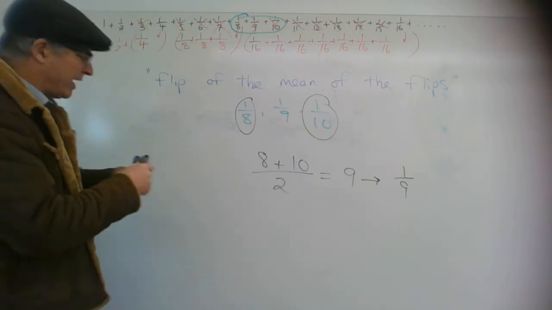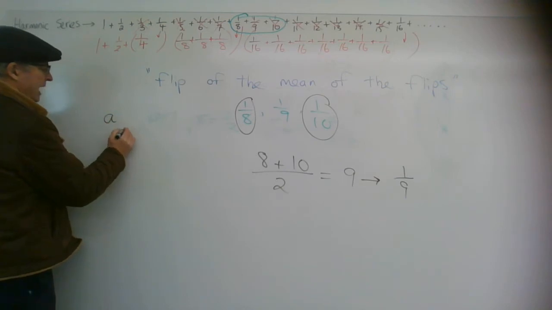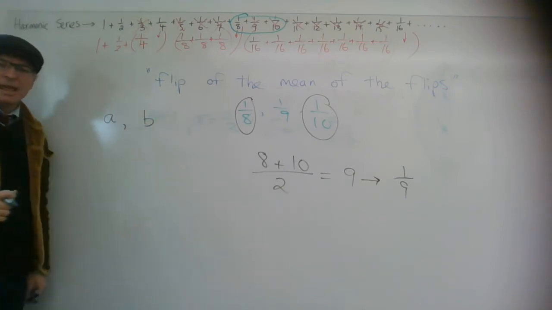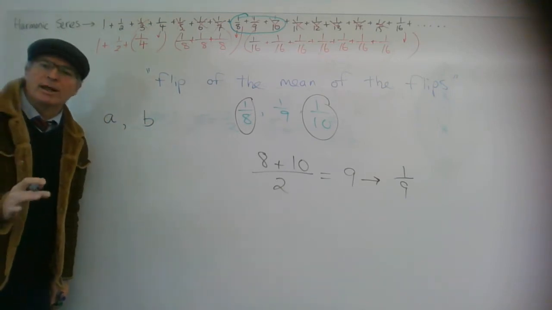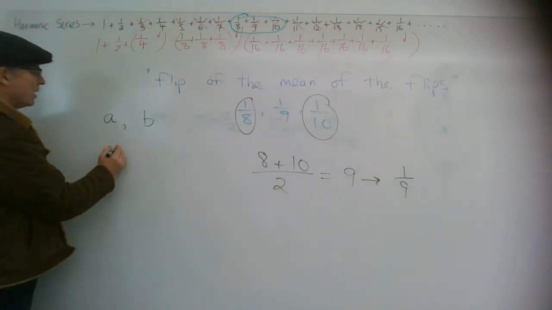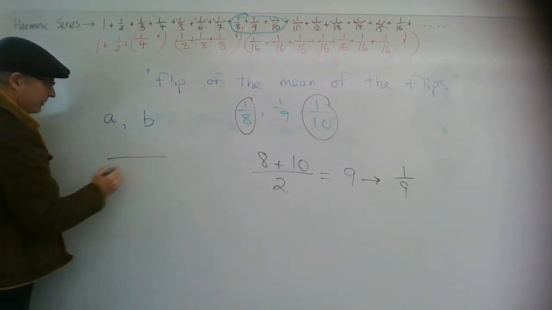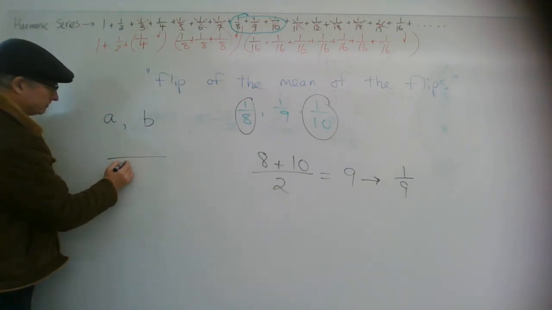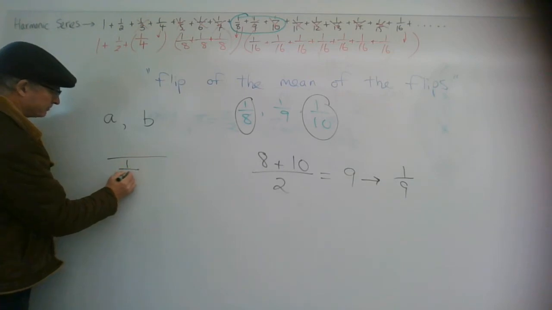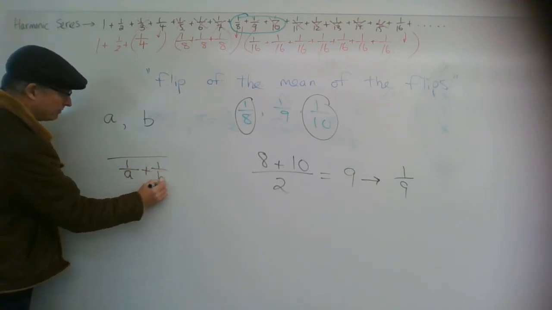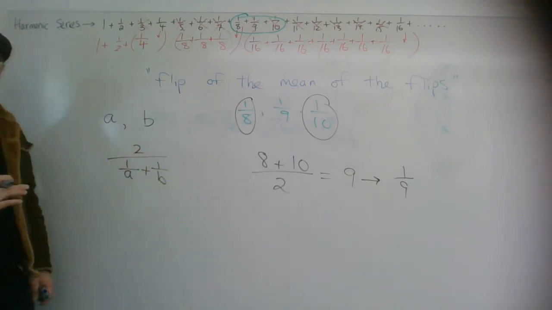So if I find the flip of the mean of the flips, I'll get my harmonic mean. Another way to write that: say you have 2 numbers A and B, the harmonic mean is the flip of the mean of the flips. So you want to find 1 on A plus 1 on B, divide by 2 and flip it.